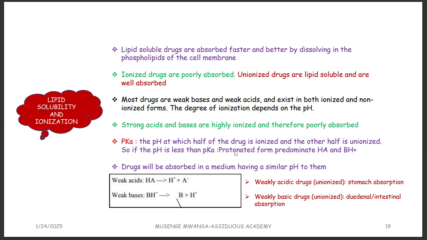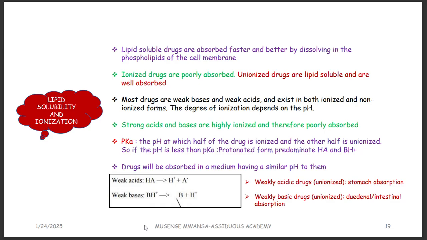Because of this, when the pH is less than the pKa, since you have got more of the protonated forms, what does that mean? It means that drug can't be well absorbed because of the protonated form. The protonated form is actually the ionized form.